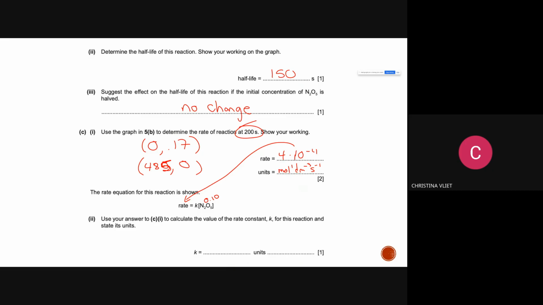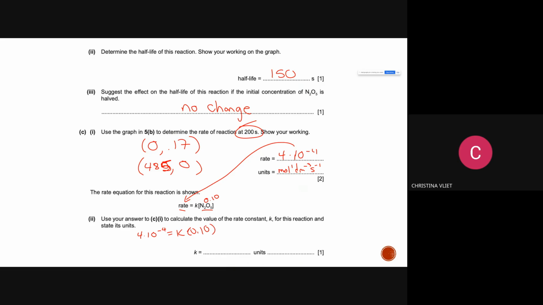Does that make sense? When the rate is this at 200 seconds, yes, it's rounded. It was 3.54, something like that. When the concentration is 0.1, the rate is 4 times 10 to the negative 4. So solve for k: 4 times 10 to the negative 4 equals k times 0.1.